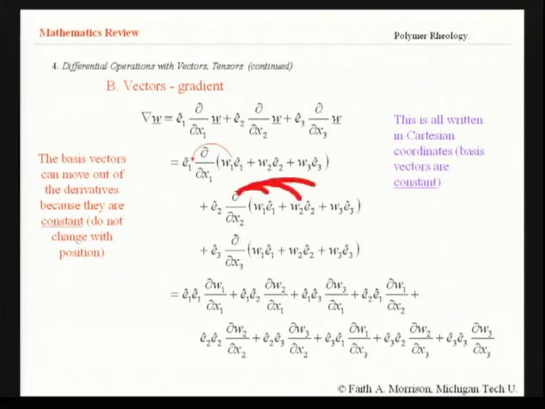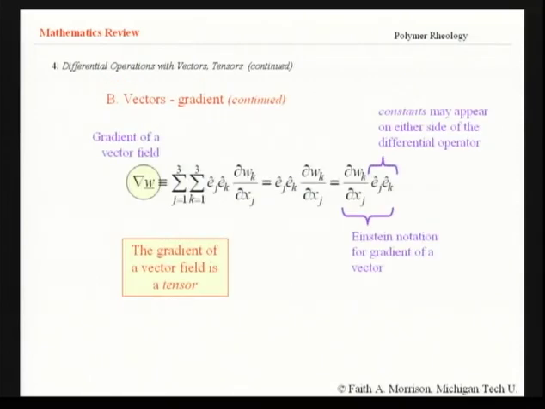So I'm getting 9 terms, which we can organize the way I just showed, much easier. Del W is equal to the double sum ej ek of dwk/dxj. Once we've got this derivative sorted out, we can write it on either side of the constant unit vectors.